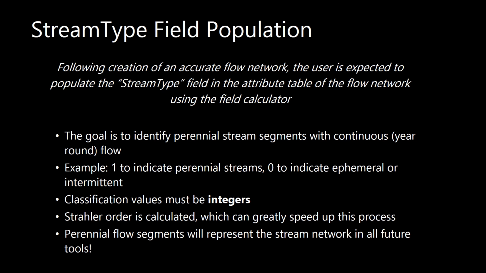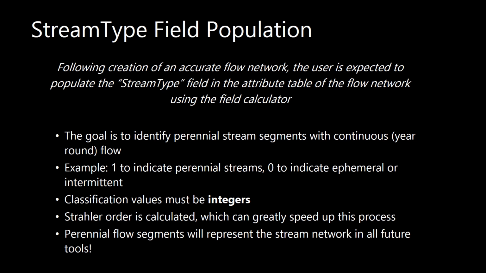So what we'll be doing in this step is going to the StreamType field of either flow network we choose, either area threshold or Pucker-Douglas, and then assigning a value. For example, you could use 1 to indicate perennial streams and then keep the zeros to indicate your ephemeral or intermittent streams. It's important to note that the classification value must be an integer.